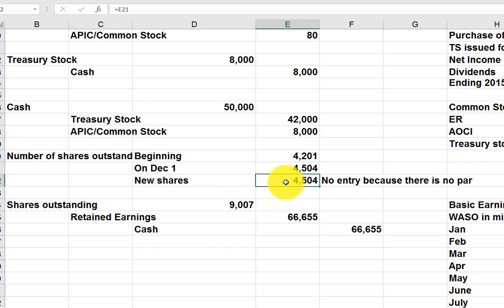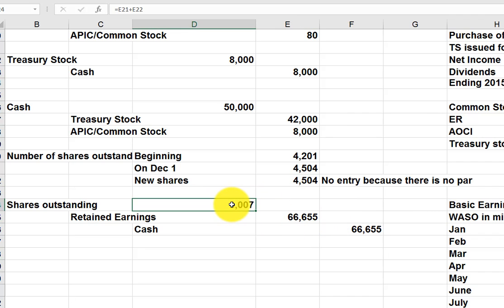Now, if you used a $1 or something for par to make the journal entry, technically there would have been no entry because they do not have a par value on their stock. But if you created one, and some companies do that, what's called a stated value, you could have debited retained earnings and credited common stock and additional paid in capital for 4504 if you make a journal entry, but you also could have been correct with no journal entry.